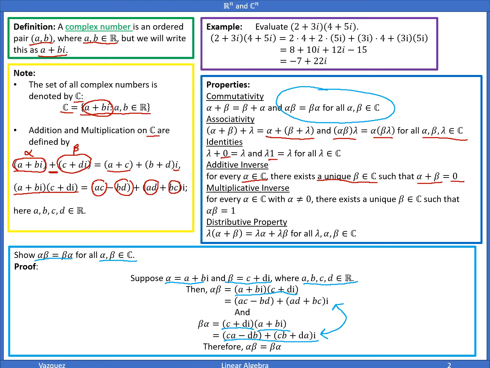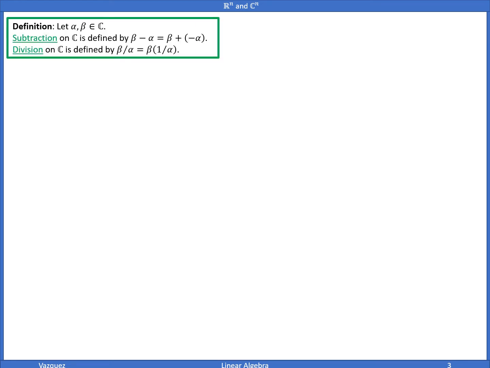Now we defined addition and multiplication here. Now we're going to define something else. We're going to define subtraction and division for complex numbers. So again, we let alpha and beta be complex numbers. And subtraction on the complex numbers is defined almost identically to the real numbers.